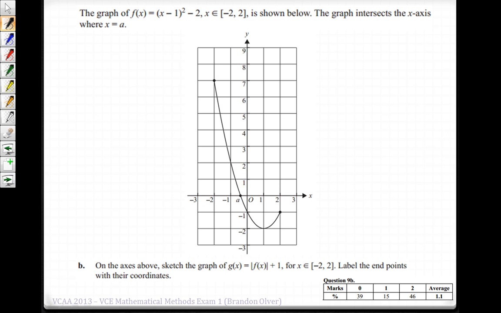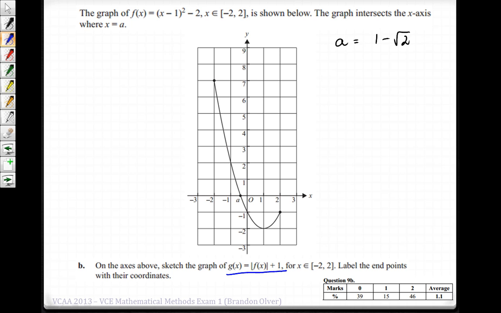So the same graph is shown of f of x, where we've previously found a to equal 1 minus root 2. It says, on the axis above, sketch the graph of g of x, which is equal to the absolute value of f of x, plus 1. In order of what we do, we first take the absolute value, and then we translate 1 unit up.